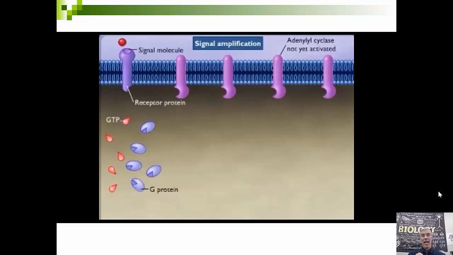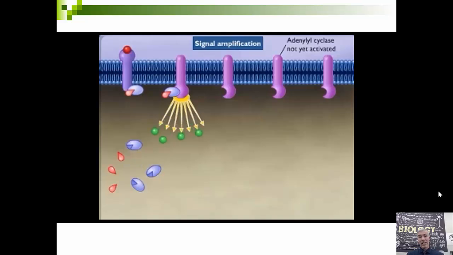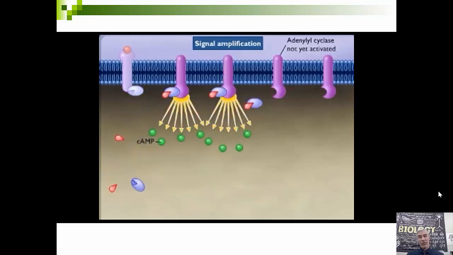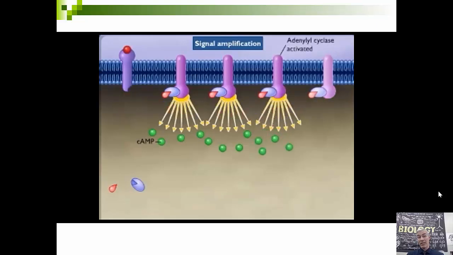But instead, what we have is this scenario where there's lots of activation, and this is even underestimating here. One ligand activates, in this case, 4 G proteins. And each of those goes and activates 4 adenylyl cyclases. And many cyclic AMPs are made.